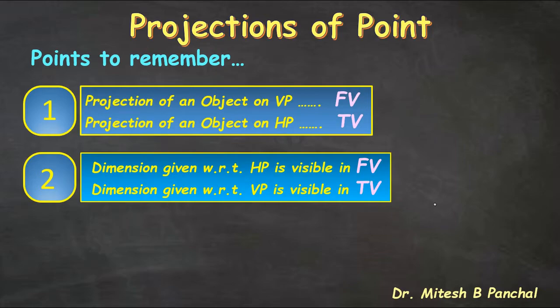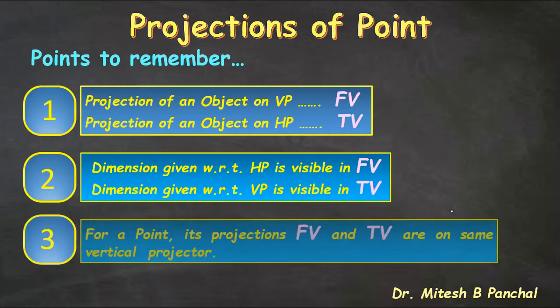Dimension given with respect to VP is visible in top view. And the third point is related to front view and top view. And that third point is for a point its projections front view and top view are on same vertical projector. So these 3 points you need to remember to solve the particular problem of projections of point.